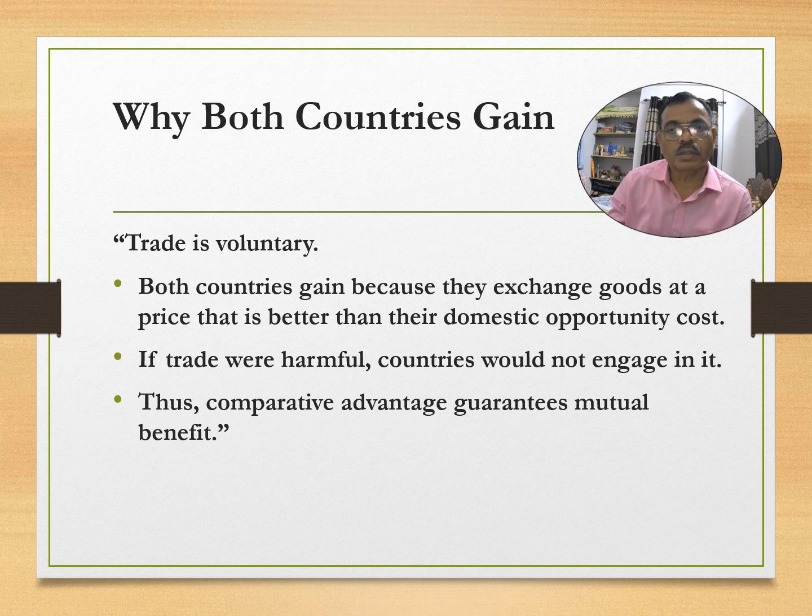Therefore, the principle of comparative advantage ensures mutual benefit. Each country specializes in what it does relatively better and trades for the rest. This is why international trade increases global efficiency and welfare.